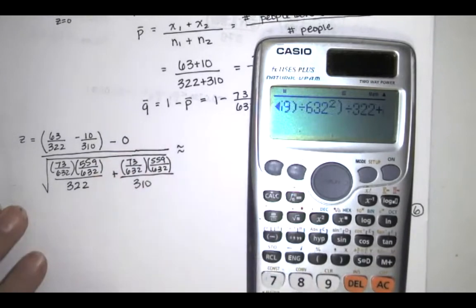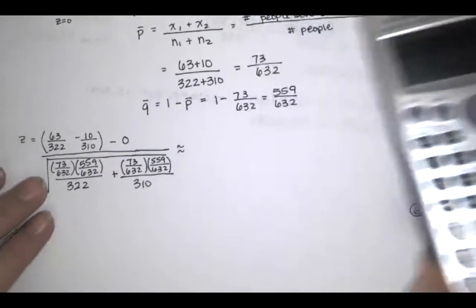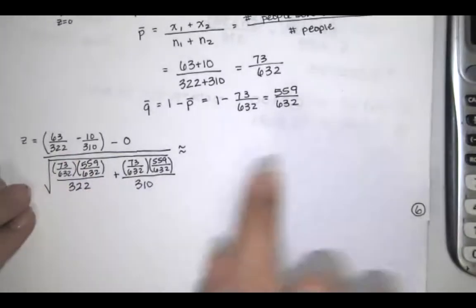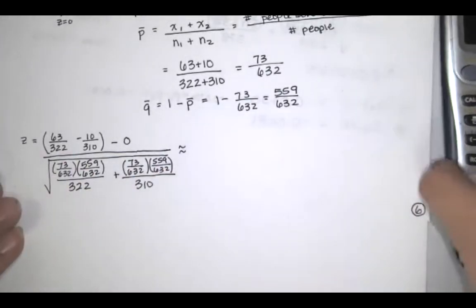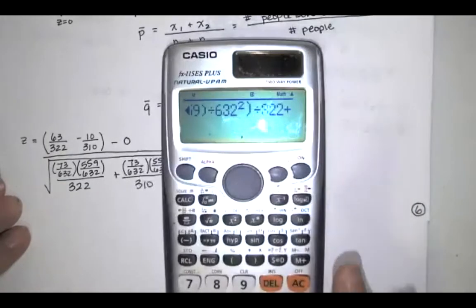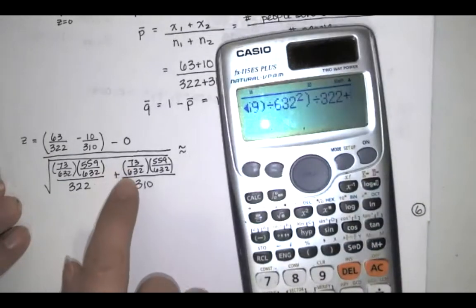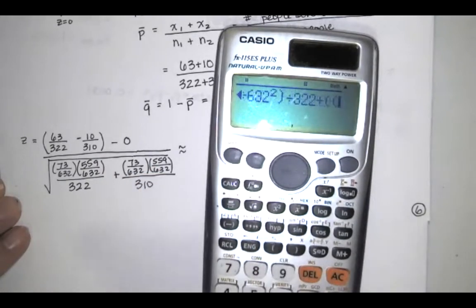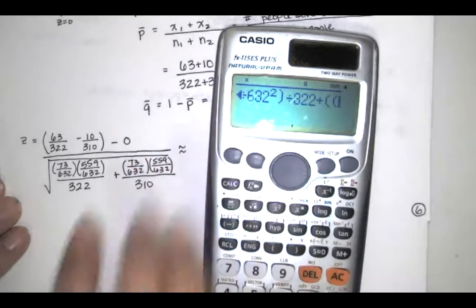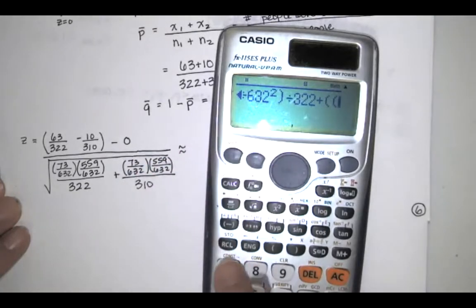So now I've got this over here. Okay, so I'm back. That was this denominator right here, and now we're going to add the second term in this expression under the square root. So I'm going to add 73 over 632 times 559 over 632. I'll take a large set of parentheses for that numerator and multiply straight across to make that 73 times 559.